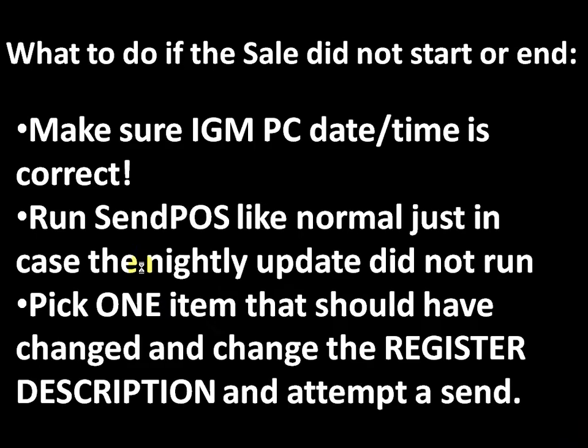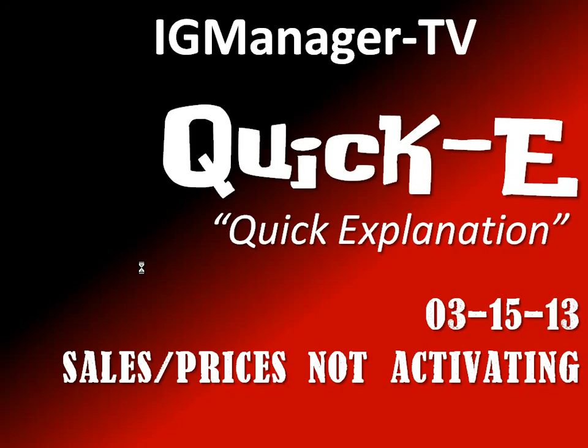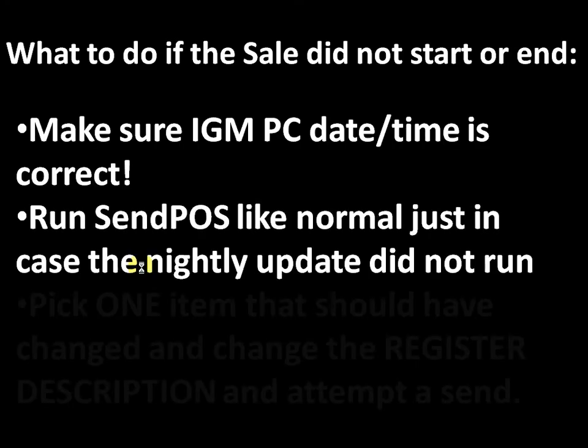And that's an item we know should get to the front end. If it doesn't get to the front end, that tells us where our problem is. If it does get to the front end, then we know that right now we're okay and we can research another problem. So I hope that gives you a little view of how IG Manager works with sending, and maybe makes it a little easier to handle some of these situations that might pop up over time.